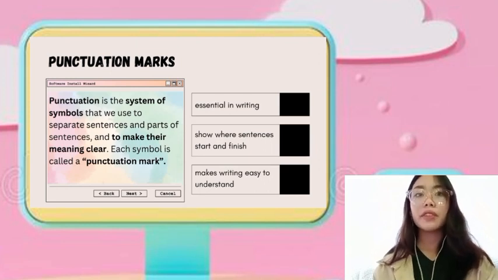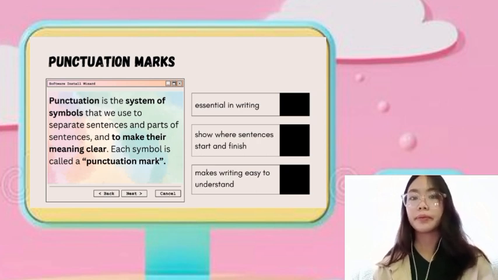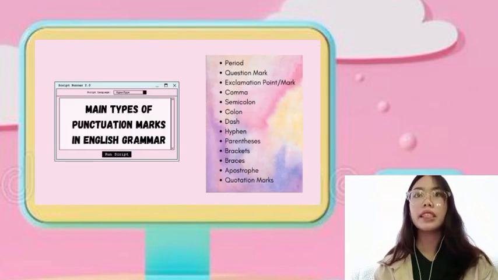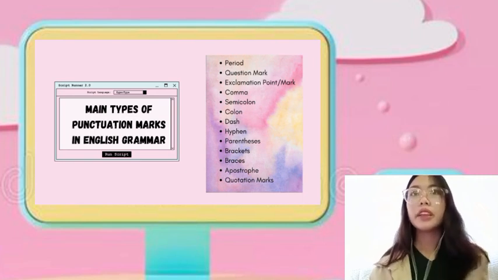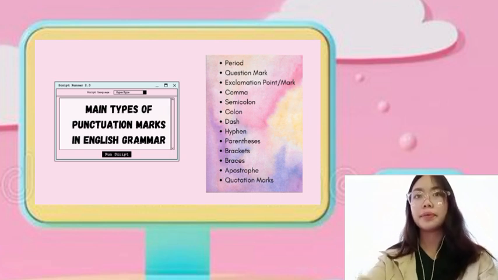It would be vague. It would become unclear for us as readers. It would be hard for us to understand it. These are the main types of punctuation marks in English grammar: the period, question mark, exclamation point, comma, semicolon, colon, dash, hyphens, parentheses, brackets, braces, apostrophe, and quotation marks.